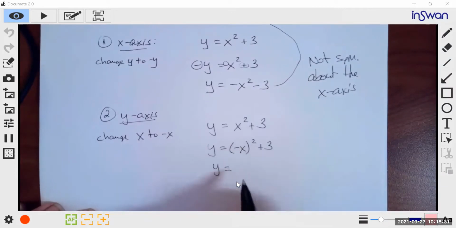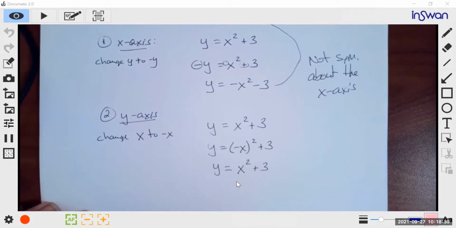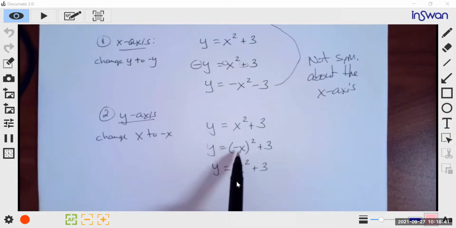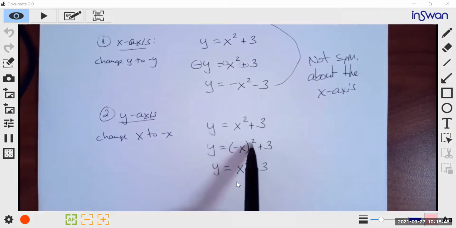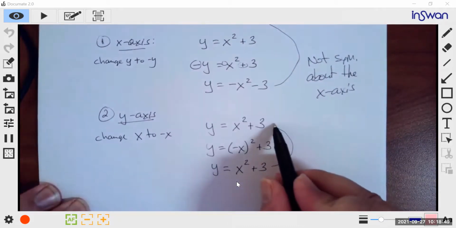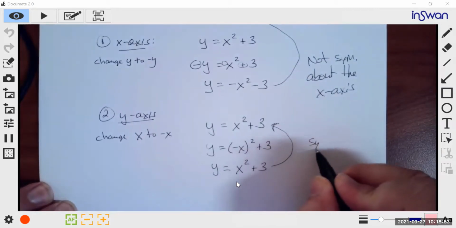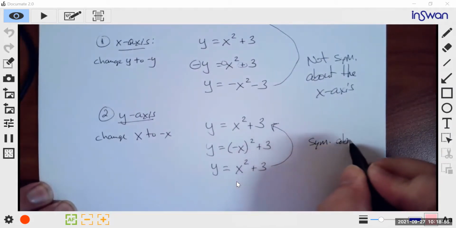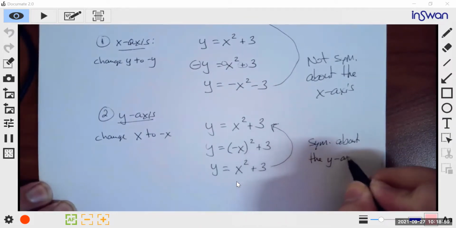So what is negative x squared? It's just x squared. It doesn't matter if the number inside there is positive or negative. When you square it, it becomes positive. So the square gets rid of the negative. Notice these are both the same. So it is symmetric about the y-axis.